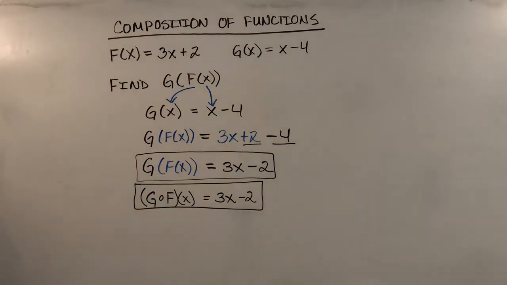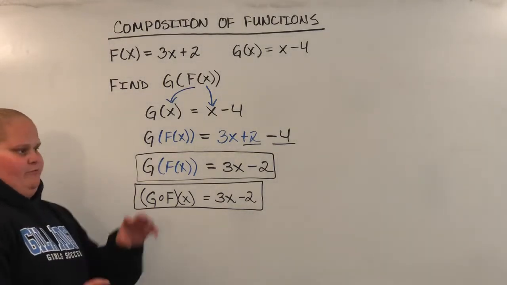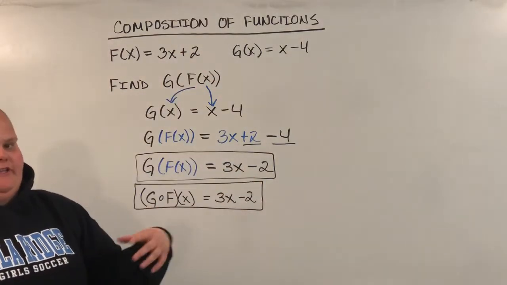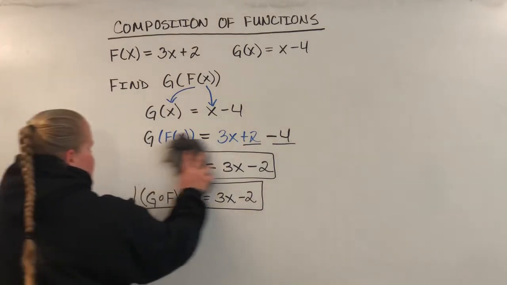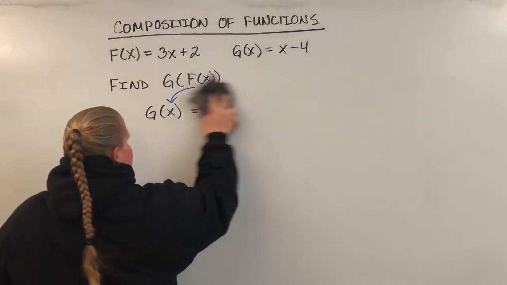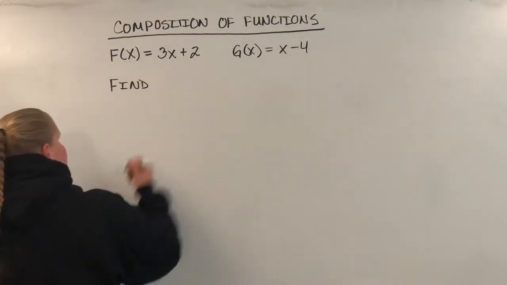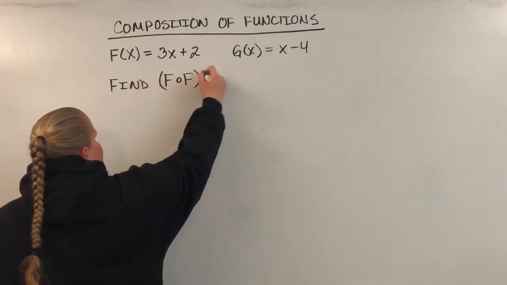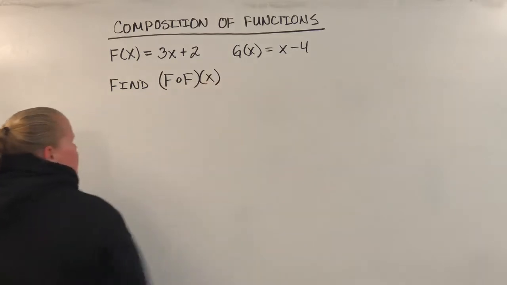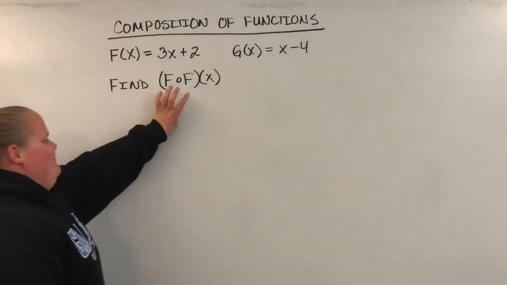One more thing I'm going to show you is when you compose a function with itself. So instead of plugging in another function, you just plug in that same function. So we're going to find f of f of x. Again, order still matters, even though they're the same letter.